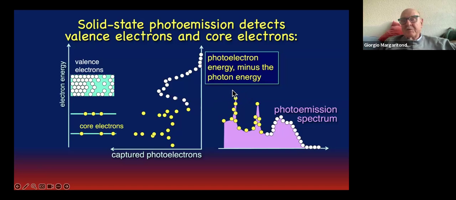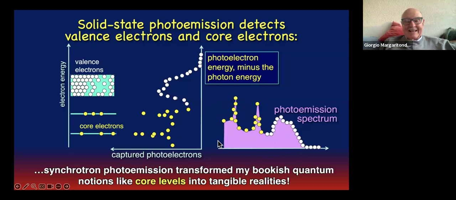So I knew that there should be atomic states, and therefore the formation of core levels in a solid, and then the valence band, the formation of chemical bonds. All this was very nice, but it was very bookish. By just looking at spectra of this kind, I had a revolution in my mind, because my bookish quantum notions were transformed into a tangible reality. And it was wonderful.